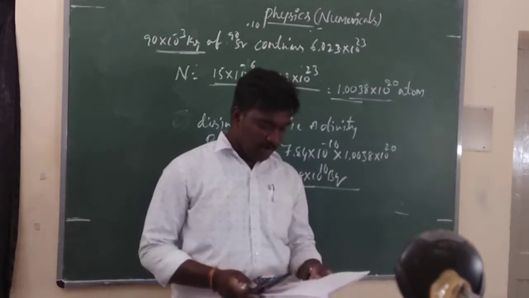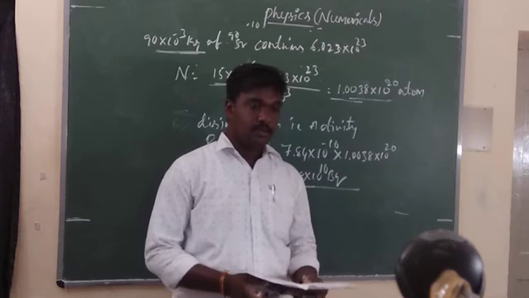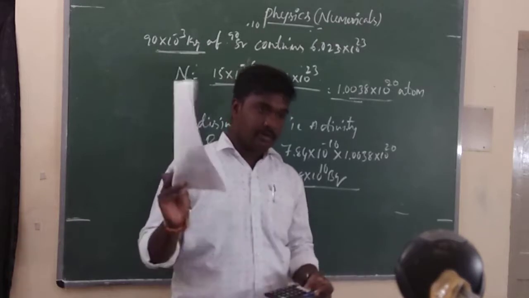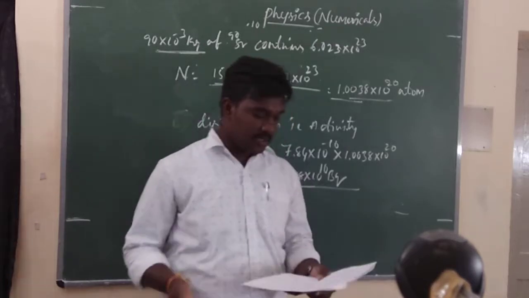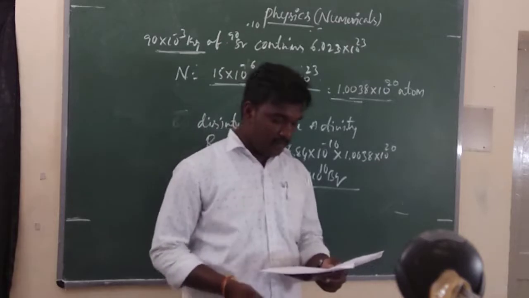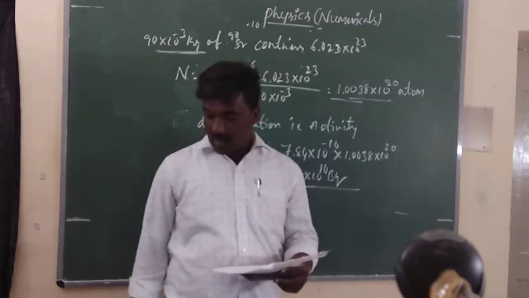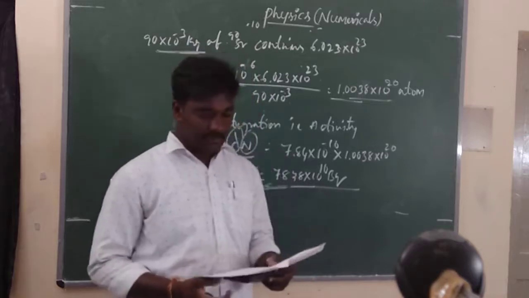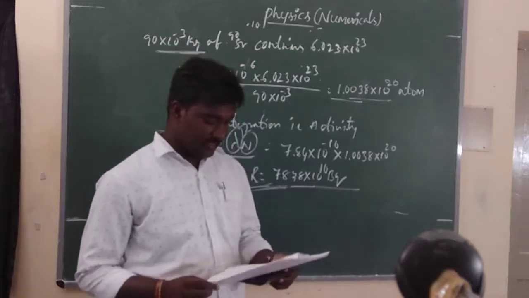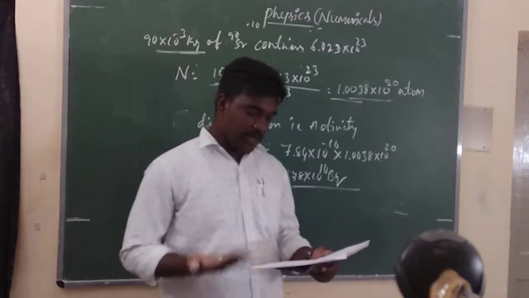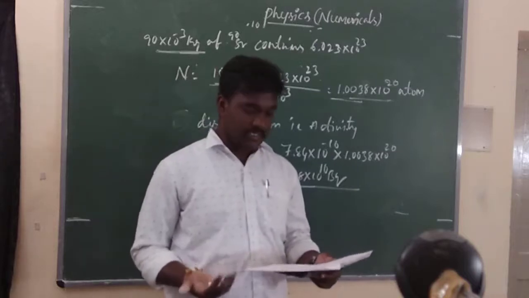The half life of a radioactive element is 4 into 10 to the power of 8 years.